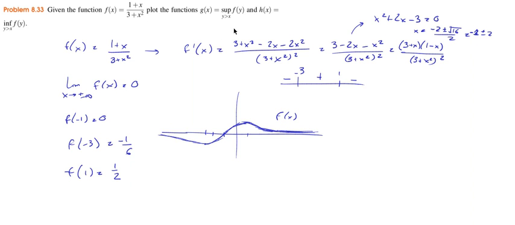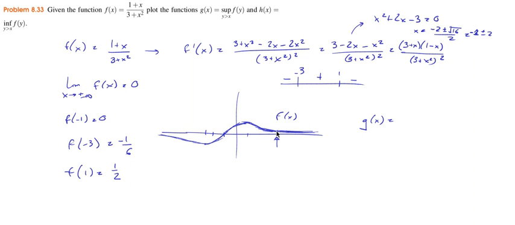Okay, now let's see what g is. g is a function that at each point x, suppose you have this x, is the supremum of the values of f from here to the right, right?